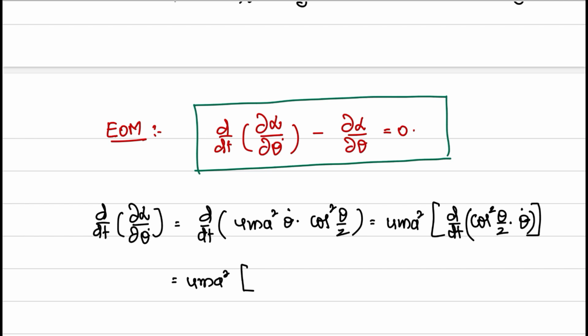Then when you expand this, it will be minus sin theta by 2 into theta dot square plus cos square theta by 2 into theta double dot. You just see the UV formula. What is that? UV dash plus VU dash. This is UV dash.